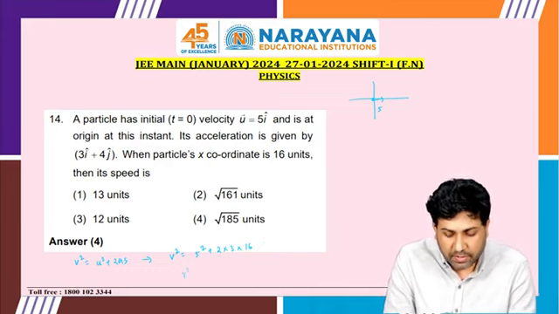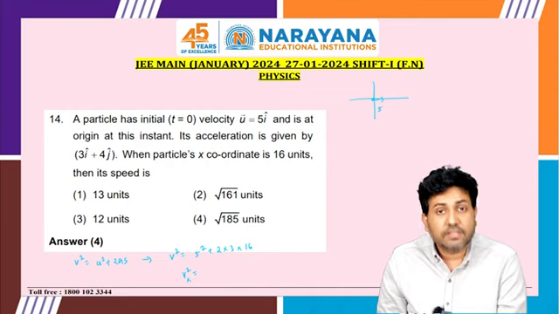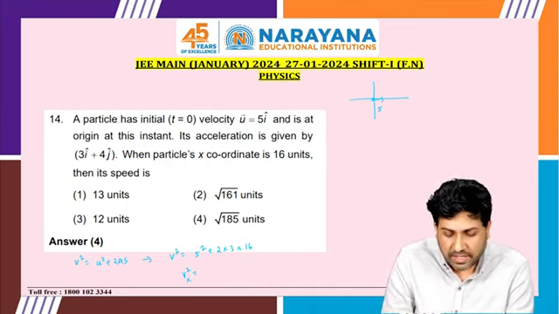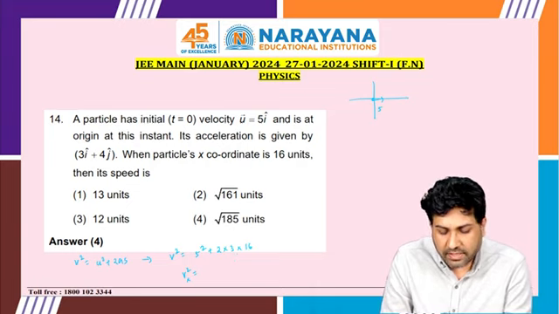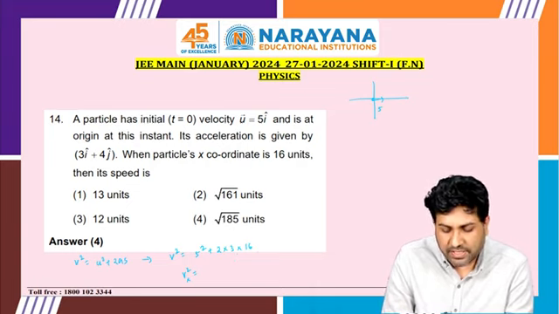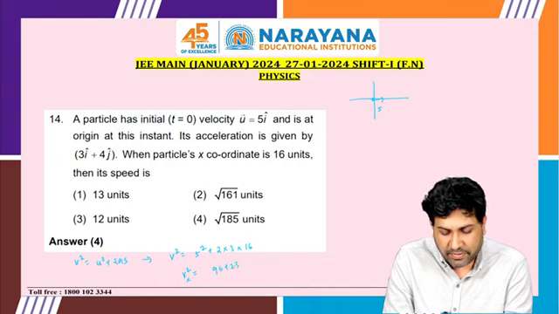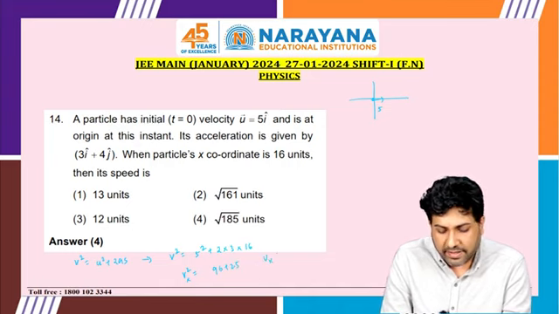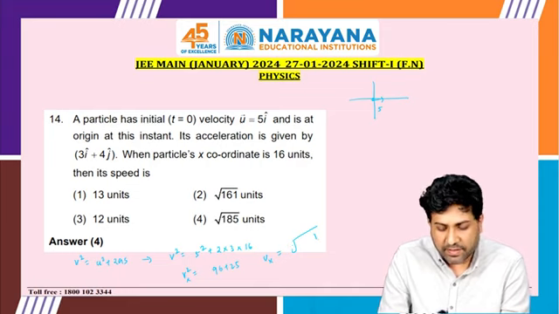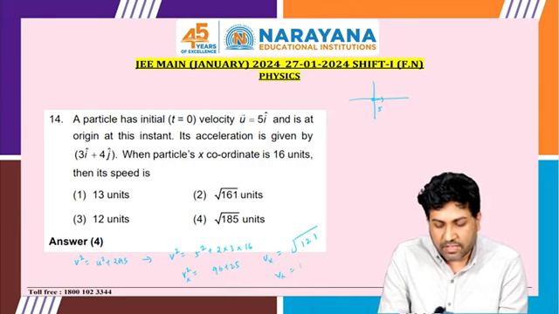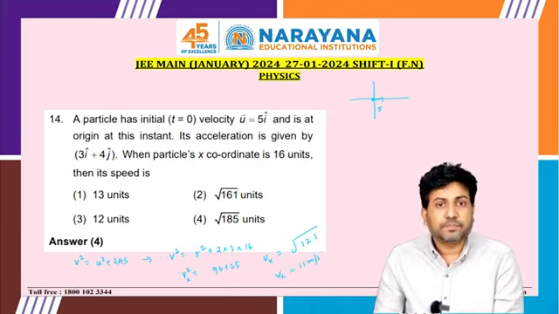This is Vx actually, only in the x direction. 16 multiplied by 6 is 96, plus 25. So I will get Vx equal to root over 121. So Vx is equal to 11 meter per second.